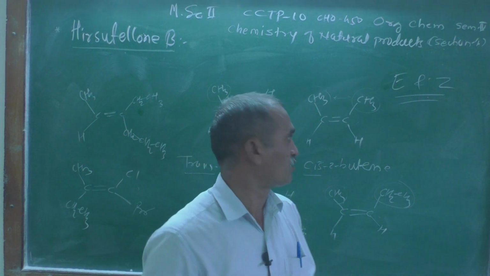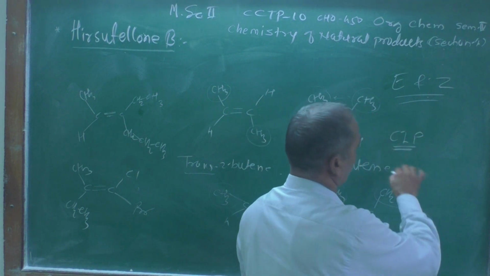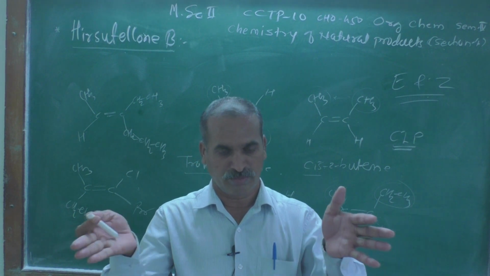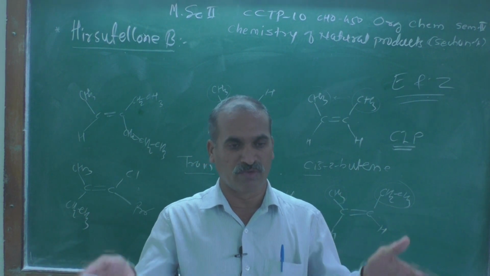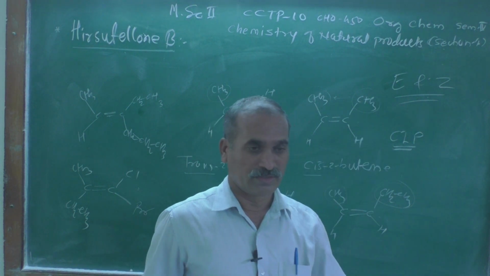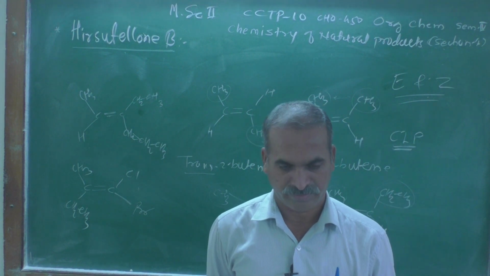CIP means these three words: Cahn, Ingold, Prelog. These are the scientists' names, and together they worked and formulated one rule. The first rule depends upon the atomic number.